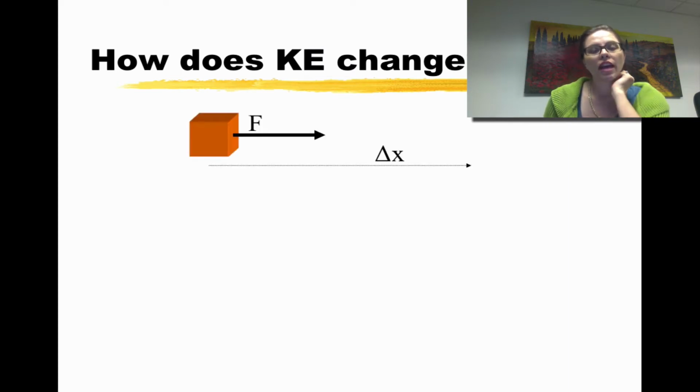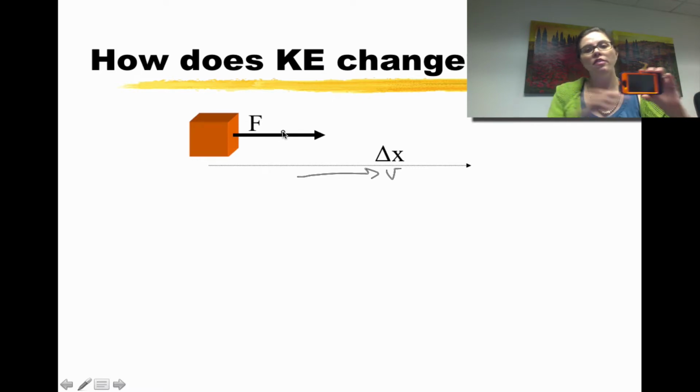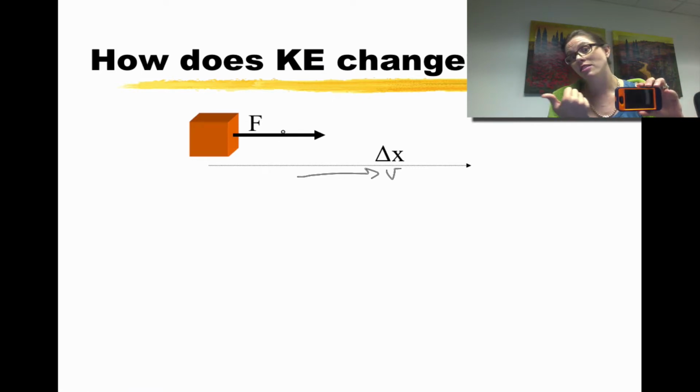So if we have a box, my cell phone, going to the right, so that's indicated by our delta x right here, that is the velocity is to the right, and it's being forced to the right. So the net force is to the right, which means the acceleration is to the right.